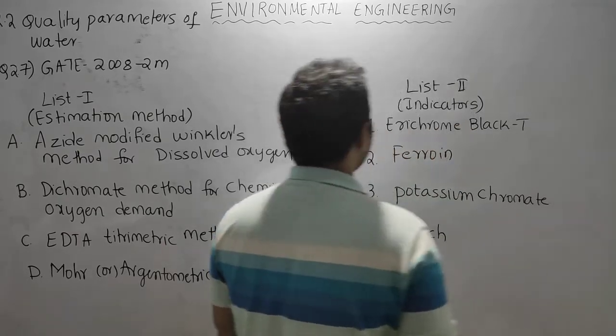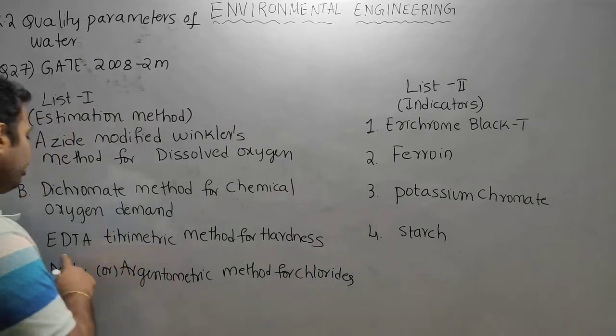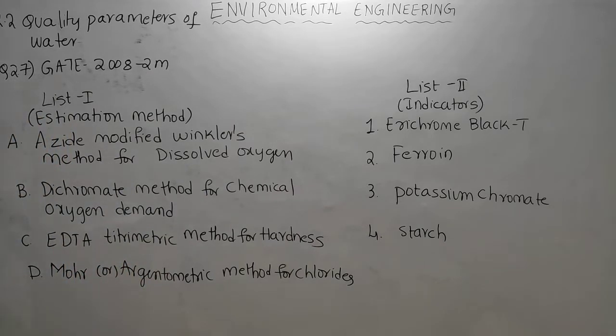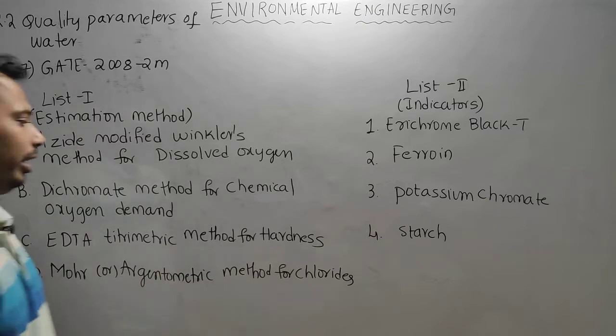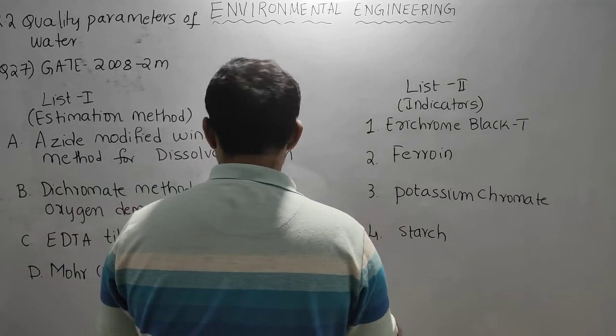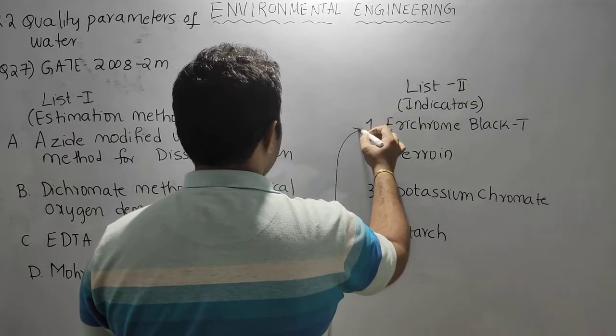So here we know that already. So EDTA method, some of the indicators we know very strongly. In the EDTA method we use EBT, Eriochrome Black T, that we know. Okay, already we have discussed this.